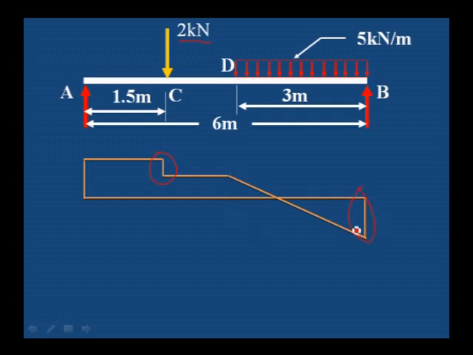From D to B we are drawing an inclined line, because in this portion a uniformly distributed load is acting, that is why it is inclined. What we can observe here is one particular point where the shear force changes from negative to positive. Where the shear force changes its sign, at that place maximum bending moment occurs.